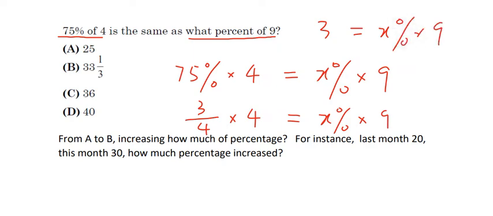And this x percent is equal to 3 over 9, or 1 over 3, right? So 1 over 3 equals x percent. So this x is 33 and 1 over 3, right?